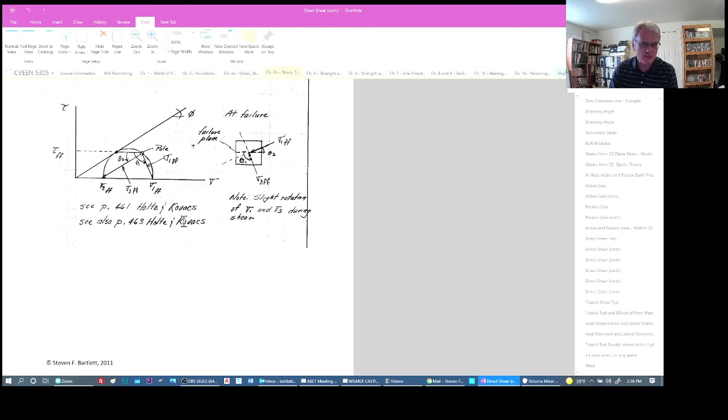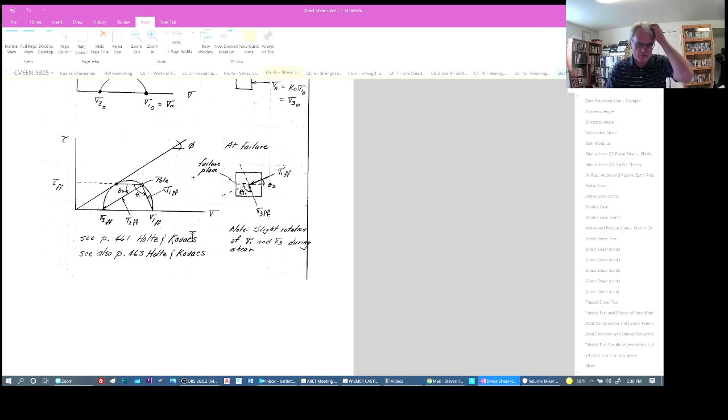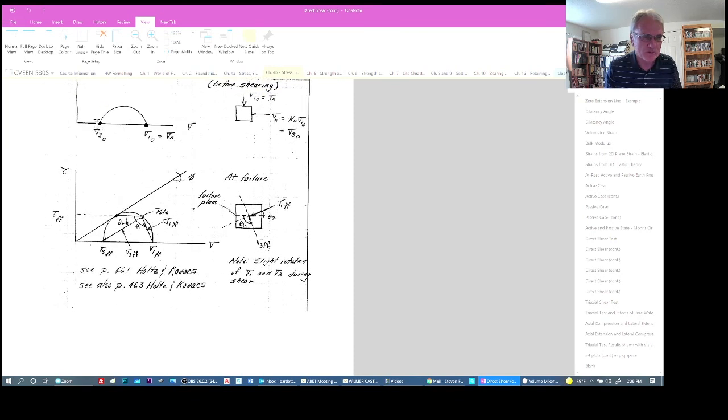Now let's see if we can use the pole method to determine the angles of these planes. We'll define sigma 3 first, and we know that it's acting on a horizontal plane.